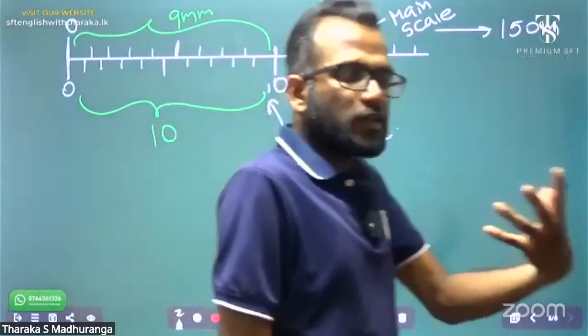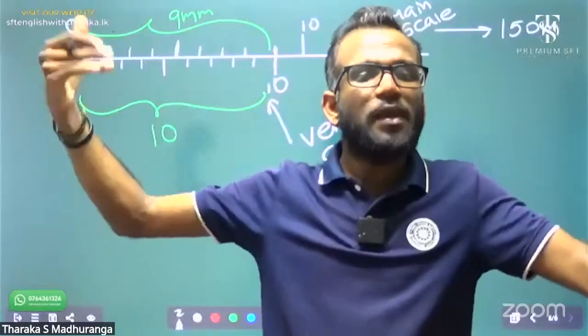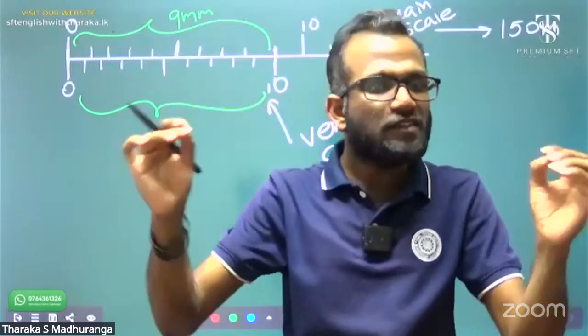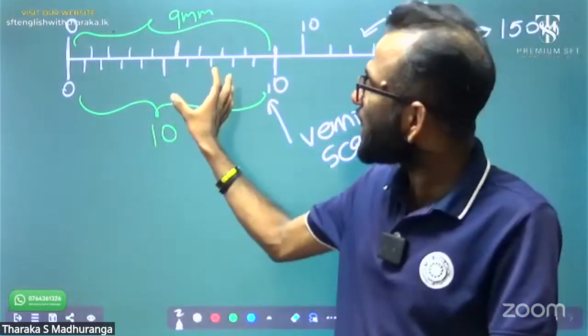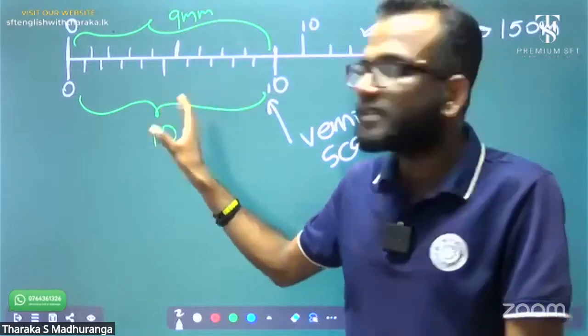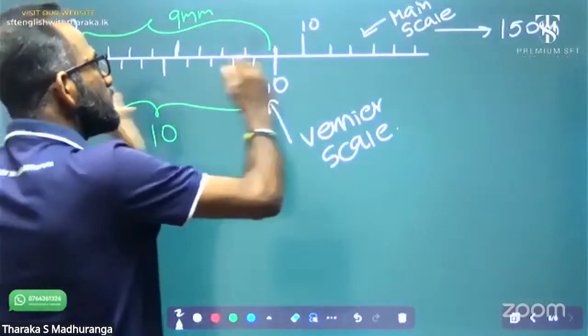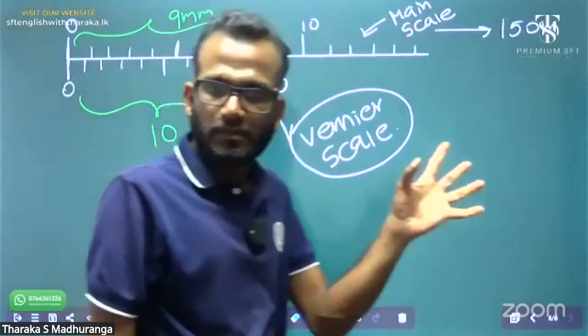As I told you, in the vernier caliper, if you only have the main scale, it is the same as your ruler, its least count is 1 millimeter. To get readings less than 1 millimeter, the vernier caliper has another linear scale, named the vernier scale. Up to now, okay?